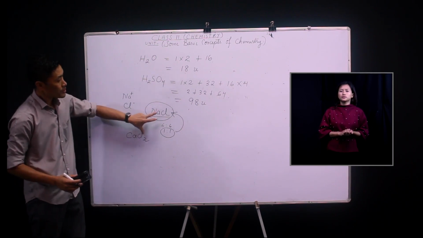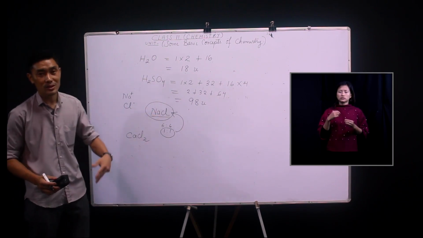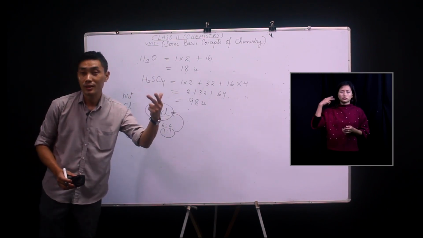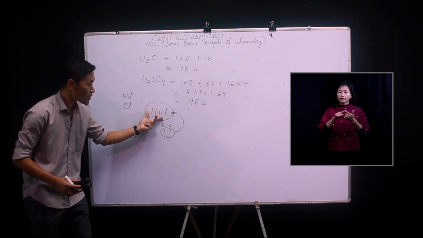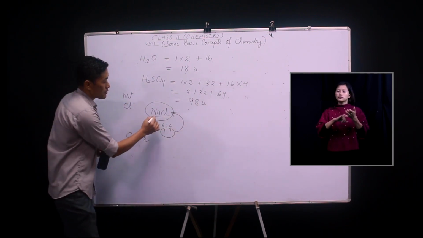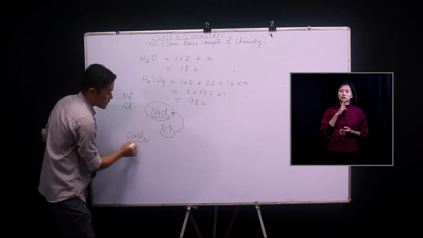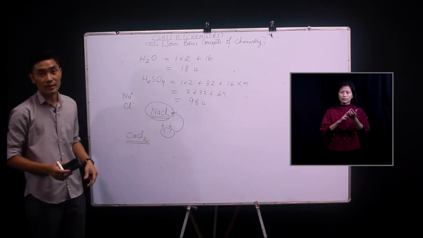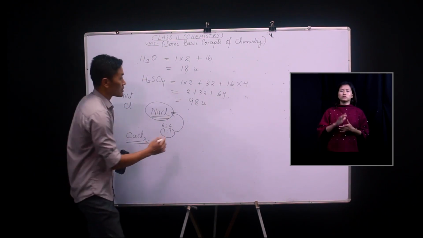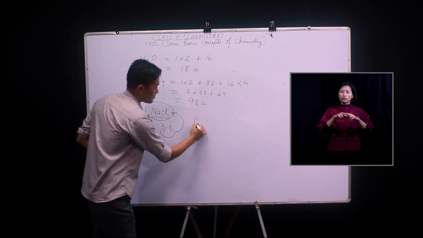So for this type of compounds, we cannot say molecular formula, and therefore we cannot calculate the molecular mass. Since these are empirical or stoichiometric formulas only, the mass that we calculate is called the formula mass, not the molecular mass.